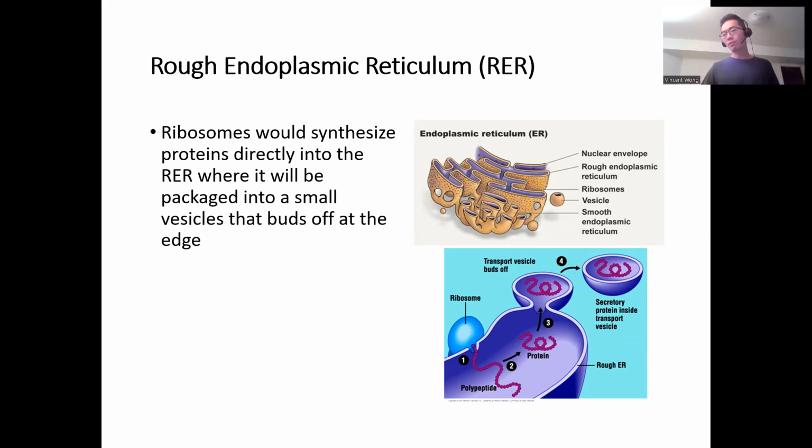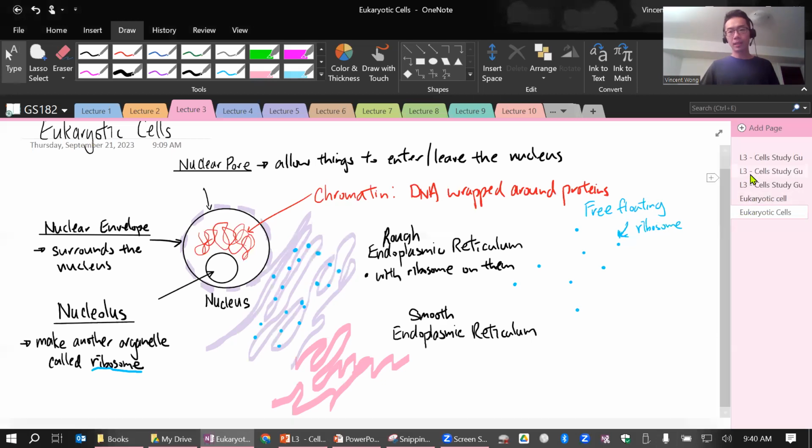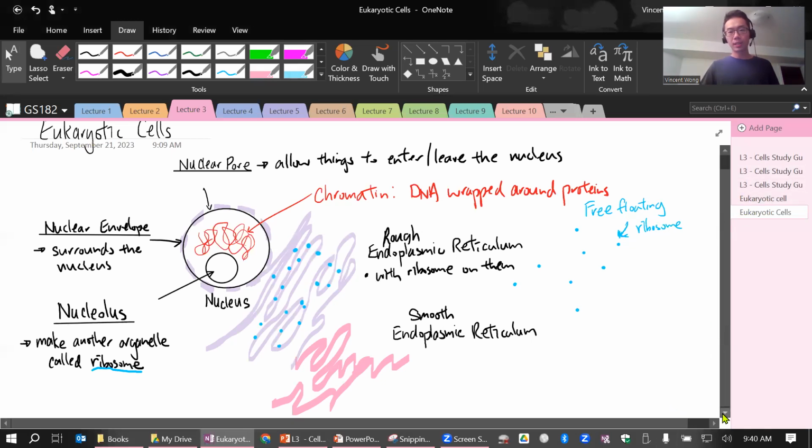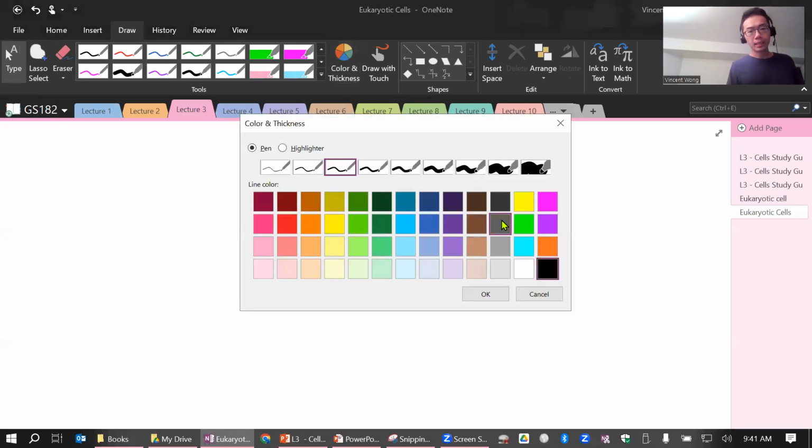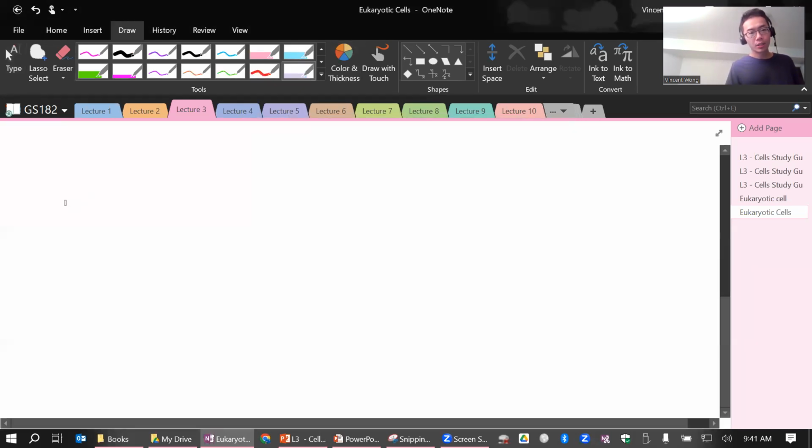Now that all sounds very abstract, right? Let me try to explain to you here. You don't have to draw this. You can just watch. So this is the edge of the rough ER. Right, that's a rough ER right here. Now this is the inside and this is the membrane that surrounds the ER.